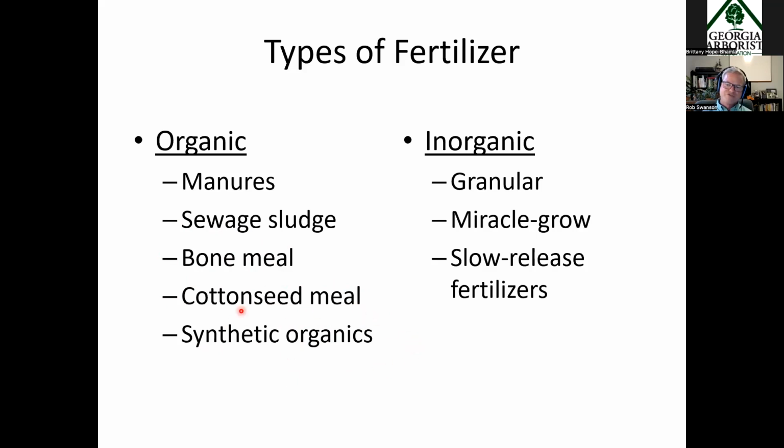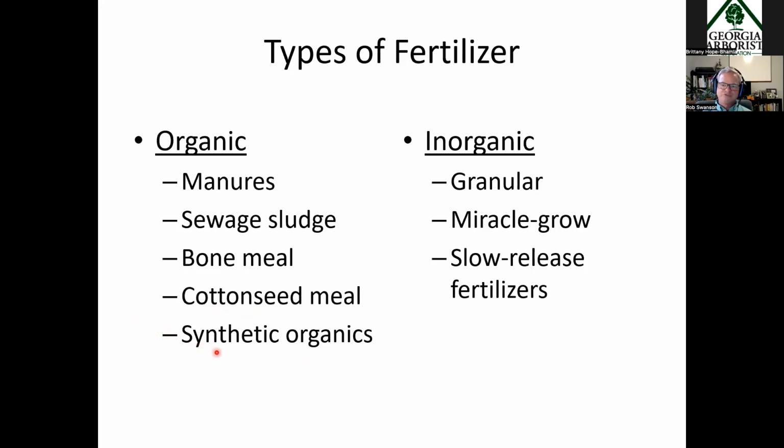There are also some synthetic organics. If you recall, the word organic means a carbon compound. There are lots of carbon compounds out there. Gasoline is a carbon compound, so technically gasoline is organic, right? So be careful of how you use the word organic.